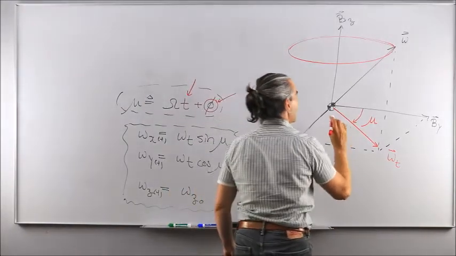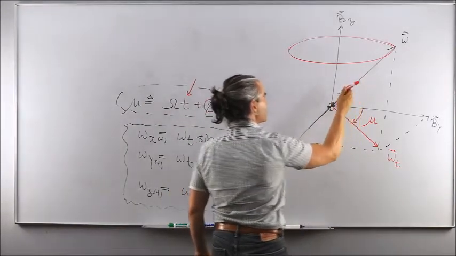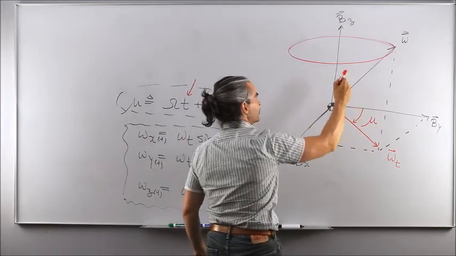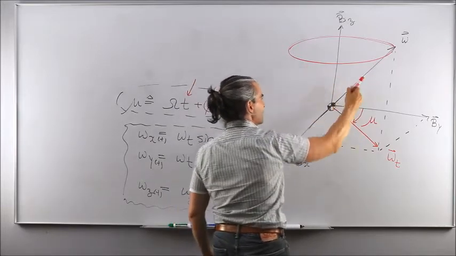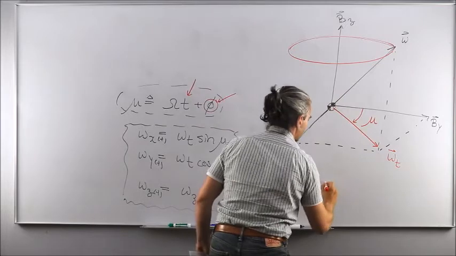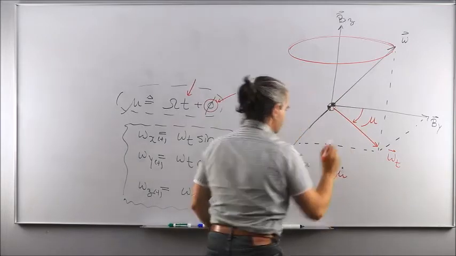Such that the rate at which the angular velocity vector swings around bz, or draws a circular path around bz, will be at a rate equal to mu dot.